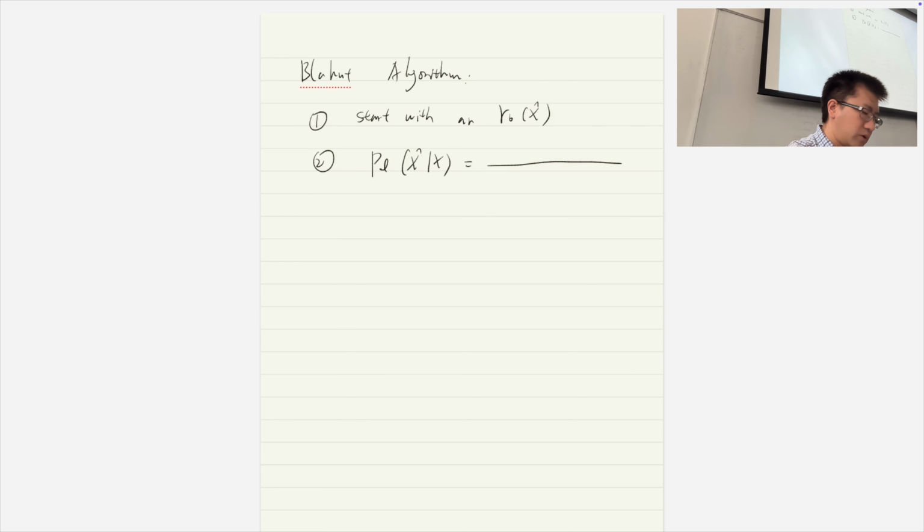It's given as follows: r_{L-1}(x hat) times e^{-lambda d(x, x hat)}, divided by this.